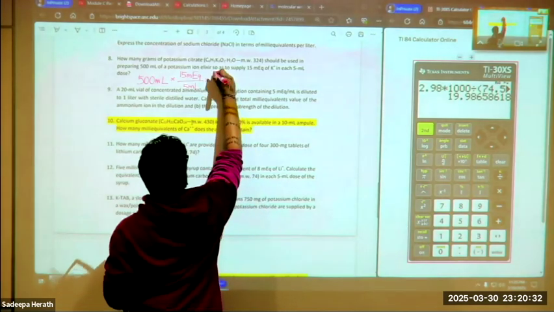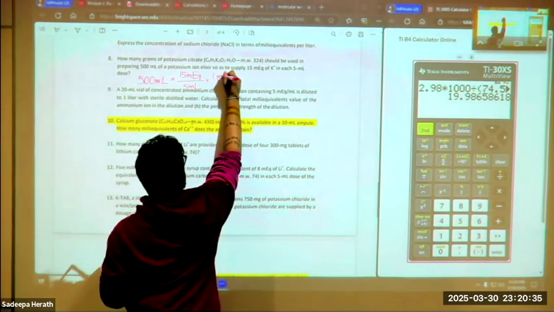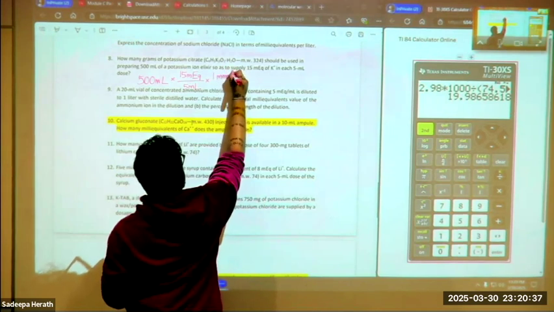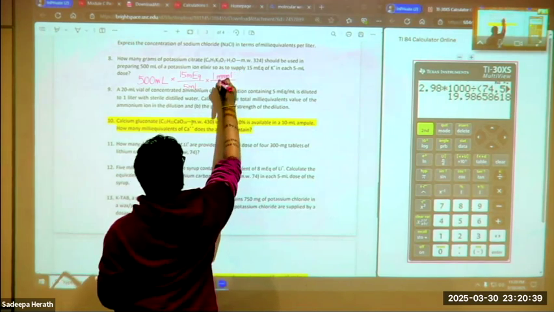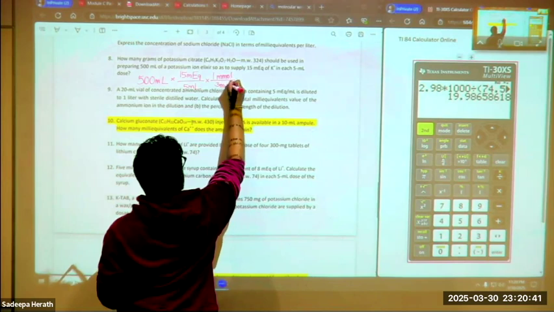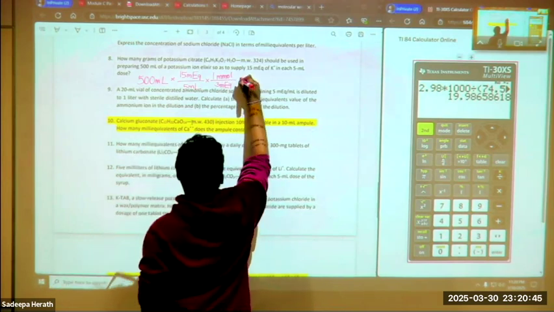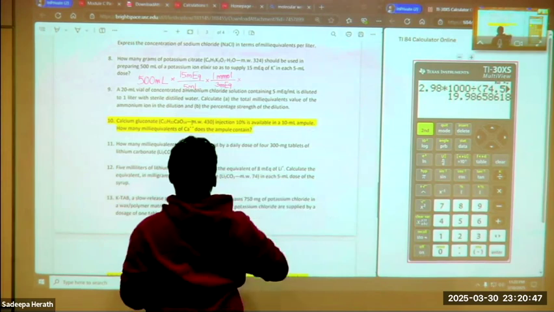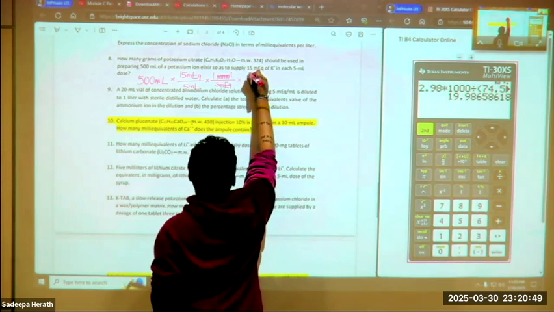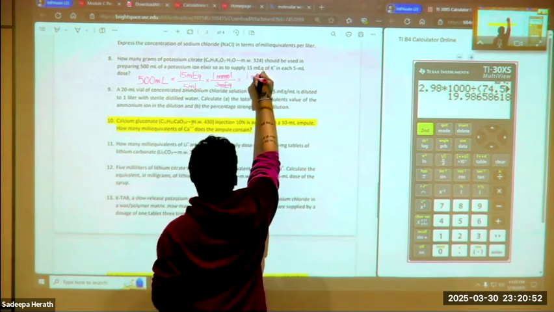So just because we're going backwards, for every 1 millimole, there are 3 milliequivalents of potassium citrate. And then we just go ahead and get to our standard moles.